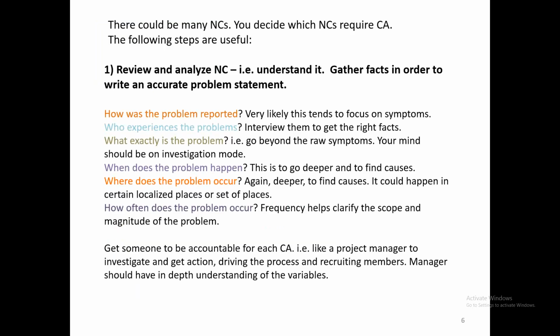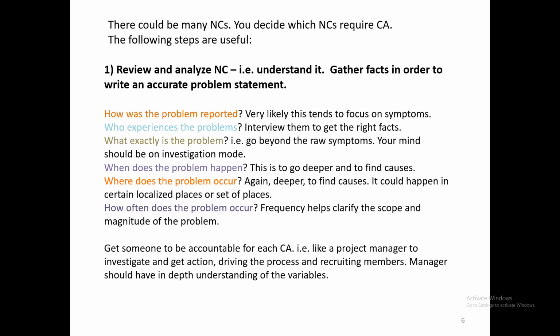All right, so we start with number 1. The first step, review and analyze the non-conformity. We want to get the facts in order to write an accurate problem statement. How was the problem reported? Who experiences the problem? A lot of the time people tend to focus on symptoms, not the real issue.